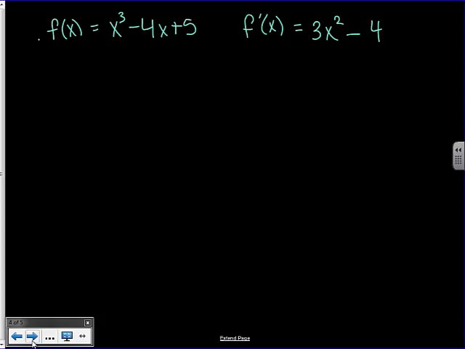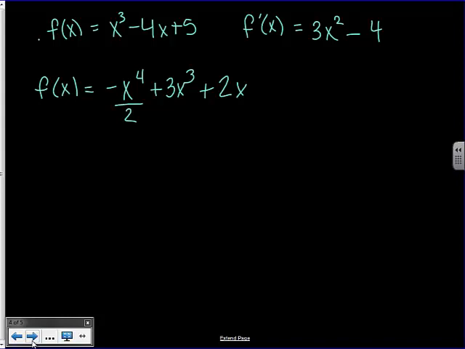What if I gave you something like this? f of x equals negative x to the 4th plus 3x cubed plus 2x. Well, let's make that x to the 4th divided by 2.